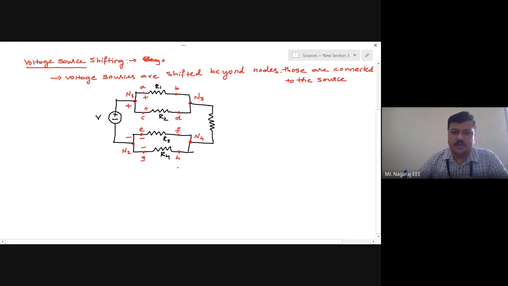So I should shift this voltage source beyond the node in such a way that the elements connected to that node possess the same potential as in the earlier connection. That is my rule of source shifting. Okay, so the first case I will take is case 1.